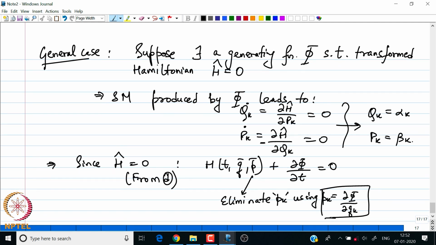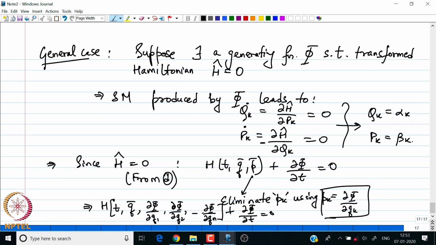When we do that, the new set of equations is as follows: H of t, q bar, and the vector of partial phi partial q1, partial phi partial q2, and so on up to partial phi partial qn, plus partial phi partial t is equal to 0.